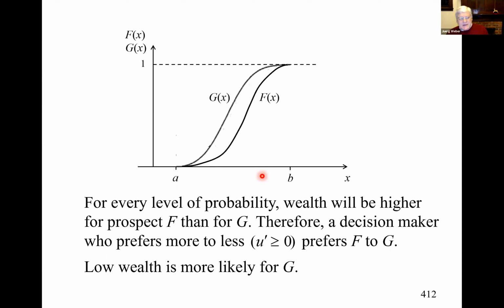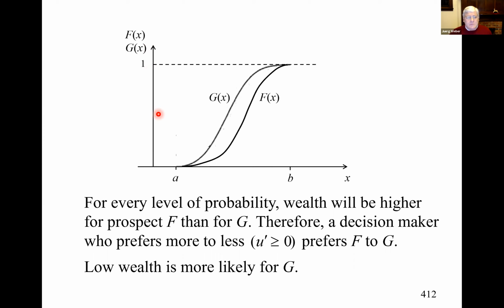Now, why does this make sense? I have it here in the text. For every probability, remember, this goes from 0 up to 1. It's a cumulative distribution function, so it shows the probability that a value is less or equal to a critical value.